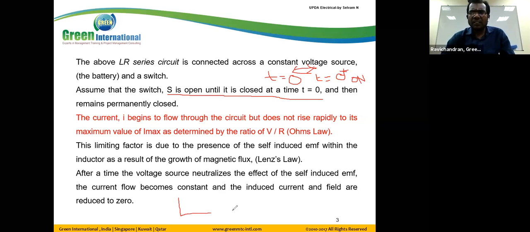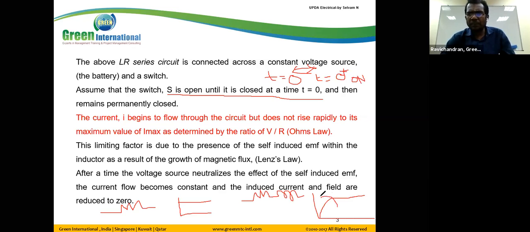For example, for a resistive circuit, at the instant when the switch is on, the current will flow like this. But for the RL circuit, the graph is like this. Initially there is a delay, due to the presence of the inductance. That behavior we study in these RL transient circuits.